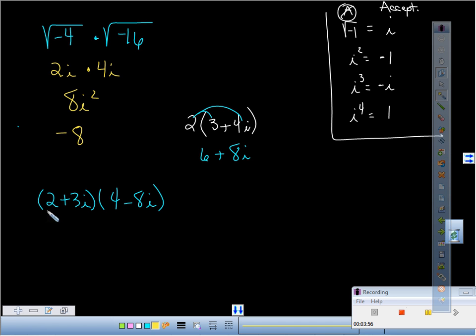FOIL method says first times first, 2 times 4, 8. The outers give you a what? Negative 16i. The inners give you a what? Positive 12i. What's a positive 12i and a negative 16i? And then you have your last times your last.